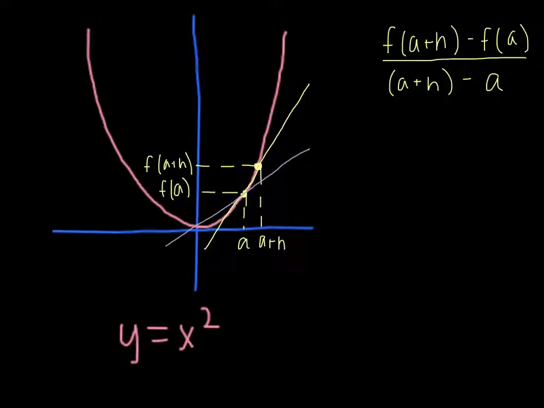Like, to find the best possible solution would be to use a number for h that's really, really close to 0 or exactly 0. So that would be the limit as h approaches 0.